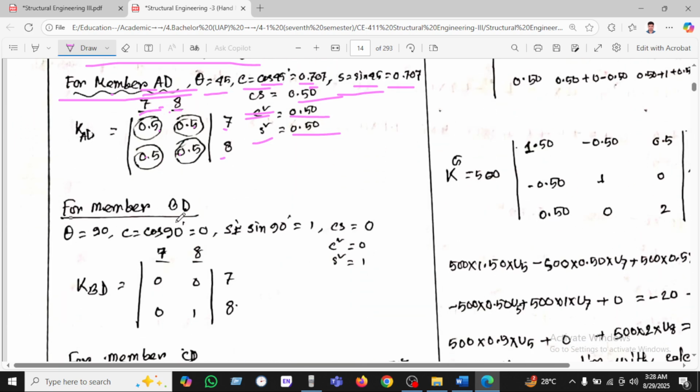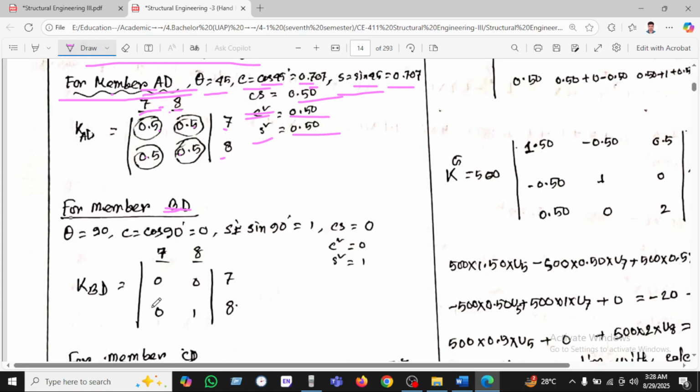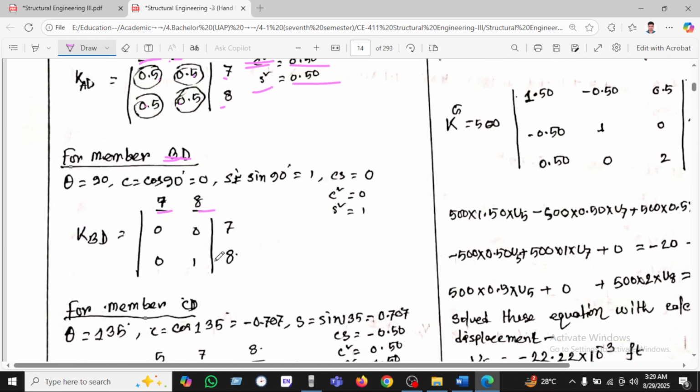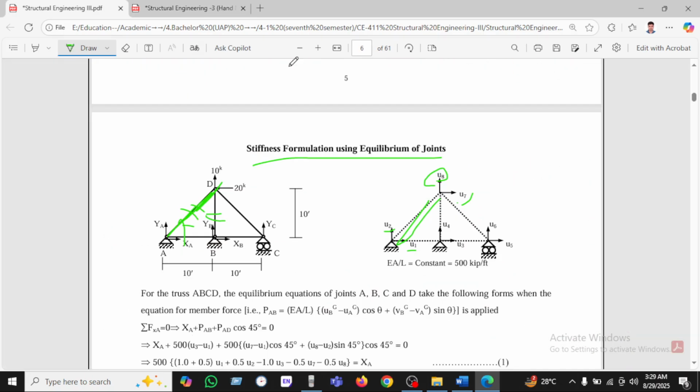Next we can see member BD. After applying boundary conditions, we have already applied the boundary conditions here. The unknowns are 7, 8, and 5.